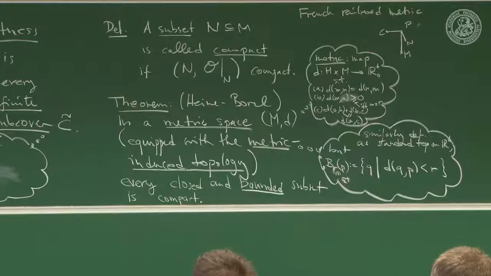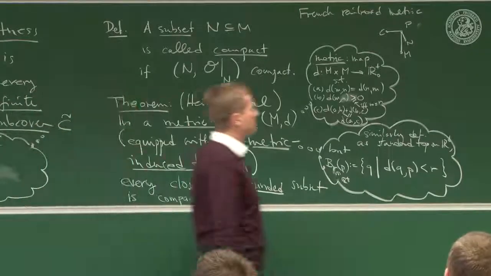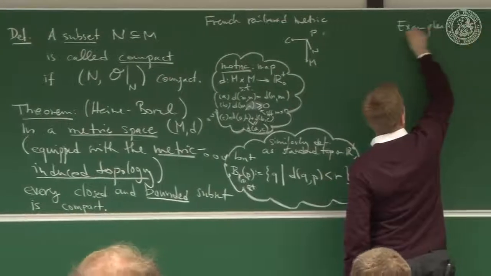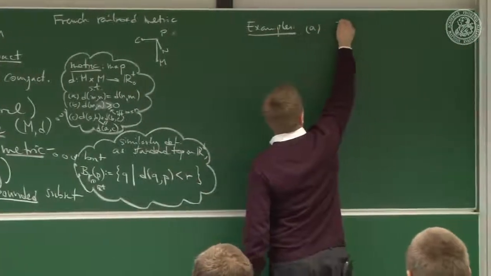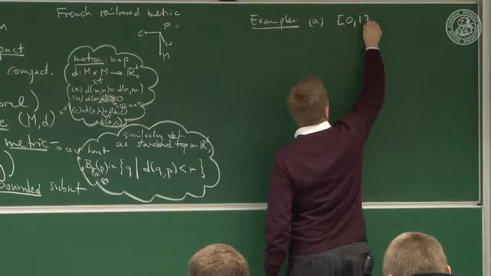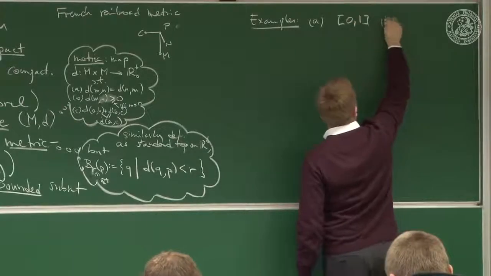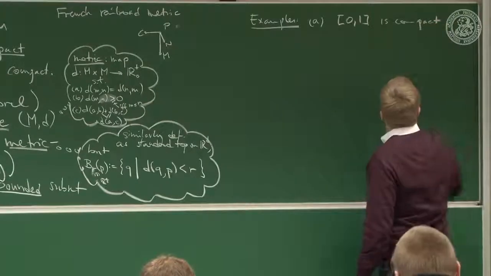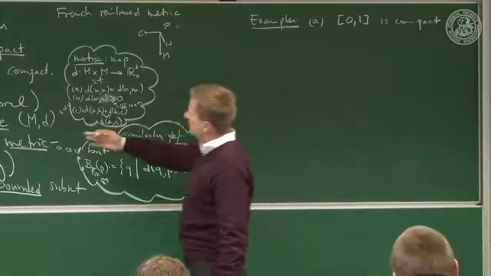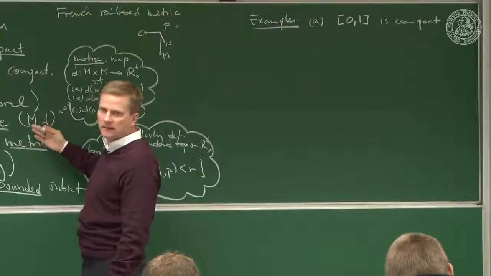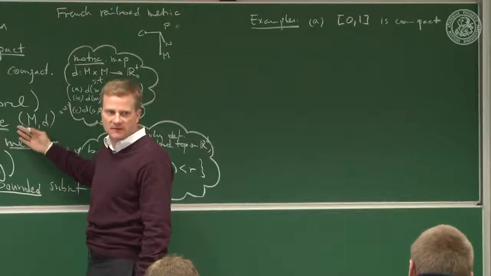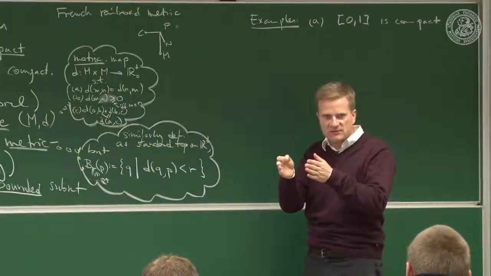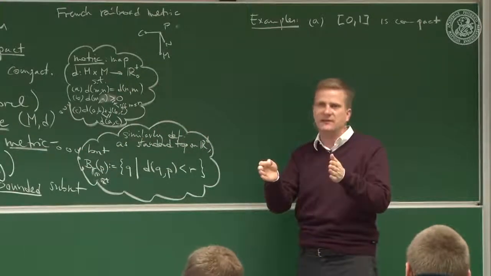Okay, so let's have some more examples. So A, the interval 0, 1 is compact, as a subset of the real line, which is a metric space, because on the real line you can establish a metric by taking the difference between 2 points and then taking the absolute value.